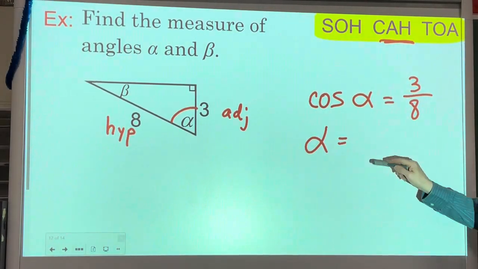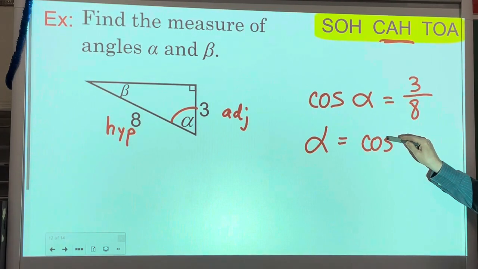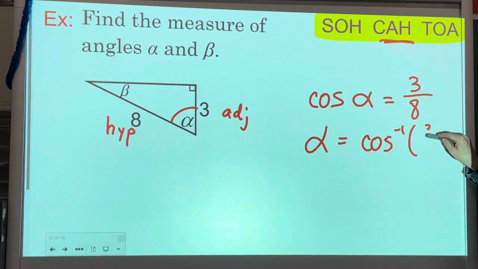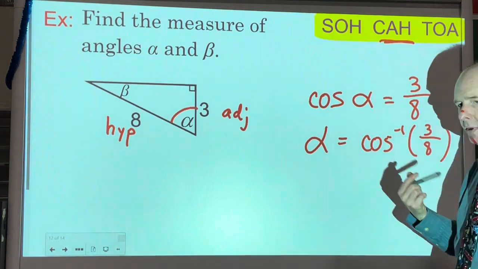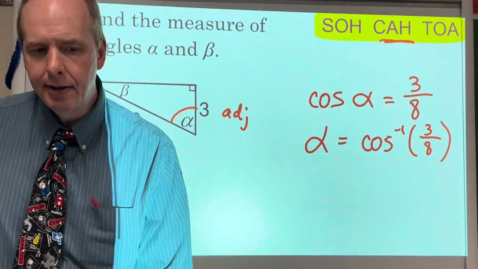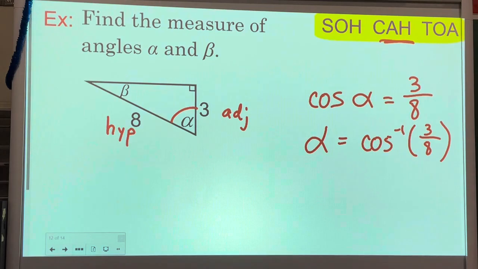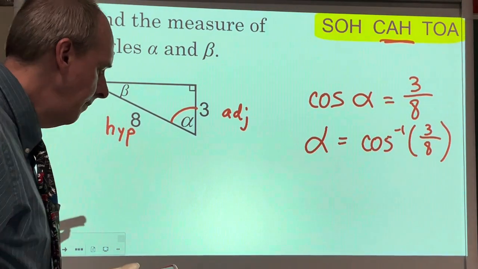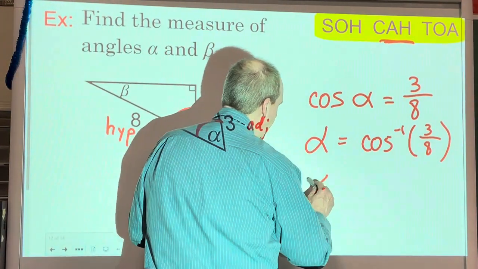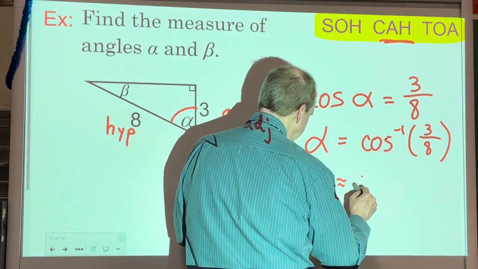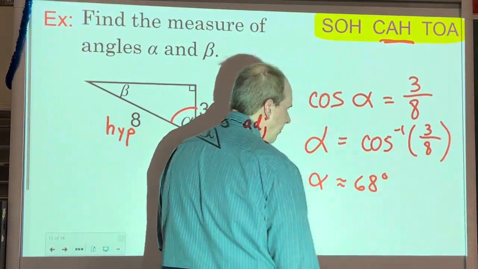Alpha would equal the inverse cosine of 3 over 8. Now we need a calculator. Second cosine, 3 divided by 8. Alpha is about 68 degrees if you round.